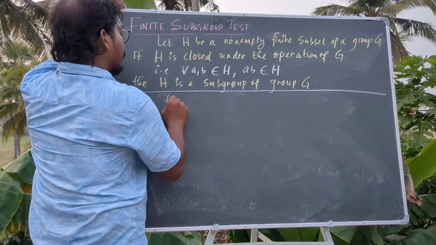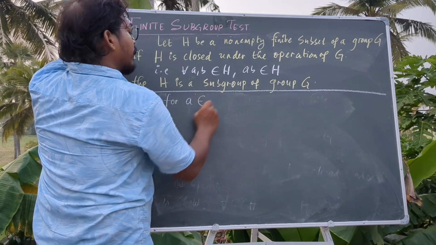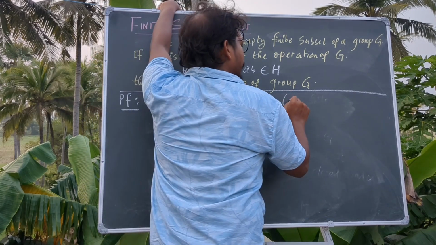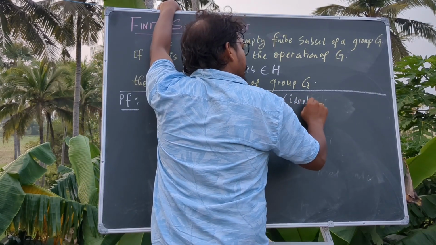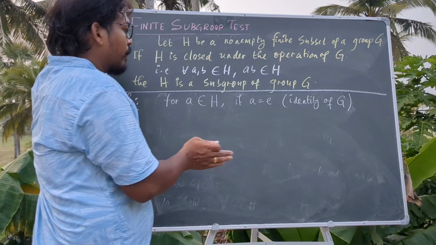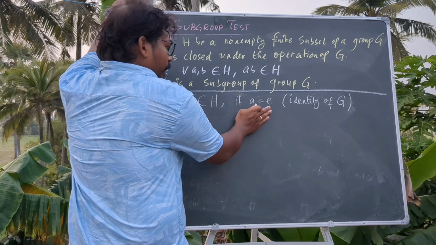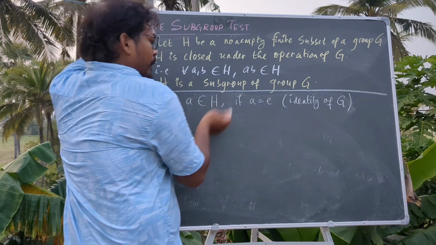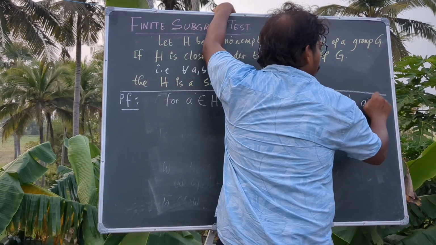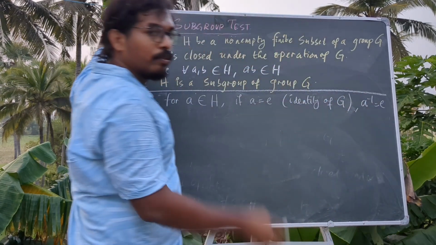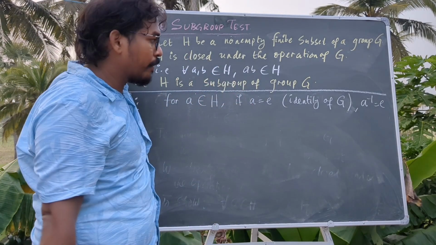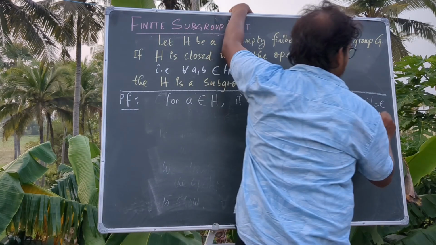Let us take an element A in the subset H. Suppose A equals e, where e is the identity of G. If A is the identity and A is in the set H, its inverse is itself. A inverse is the same e, and we are done. We don't have to check for the identity element which belongs to the subset H.